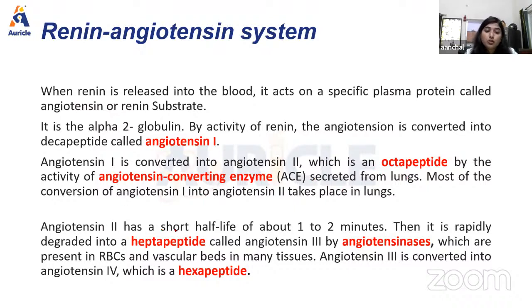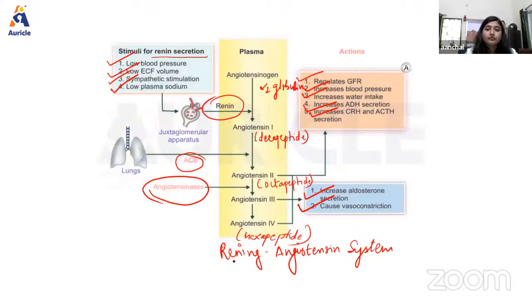Now, this angiotensin 2 has a very short lifespan of about 1 to 2 minutes. So again, it will be degraded into angiotensin 3, which is present in RBCs and vascular beds in many tissues. Now, this angiotensin 3 is converted to angiotensin 4, which is a hexapeptide, right?